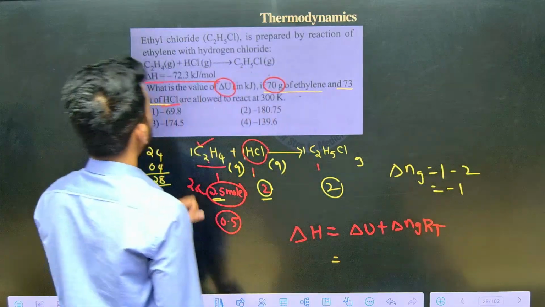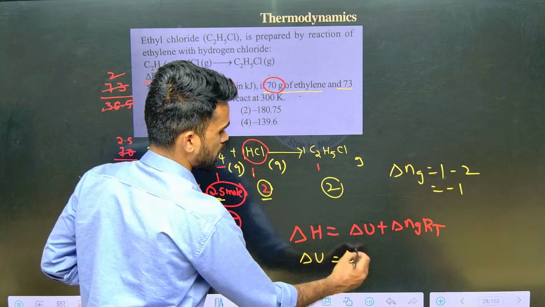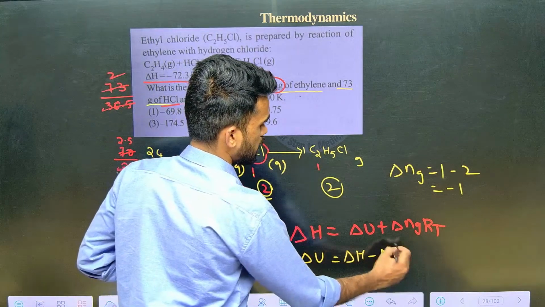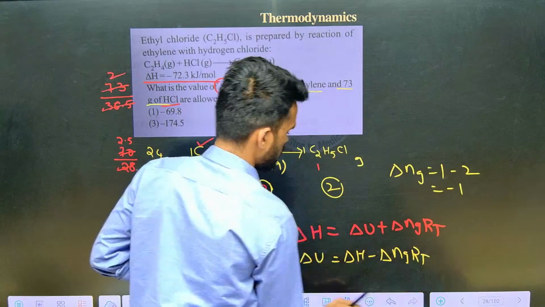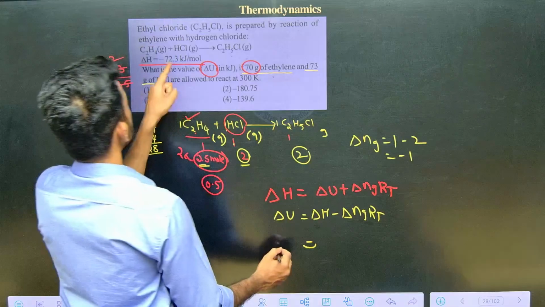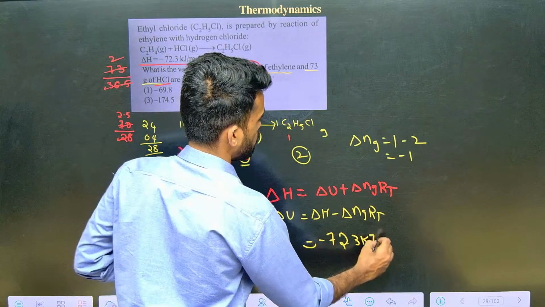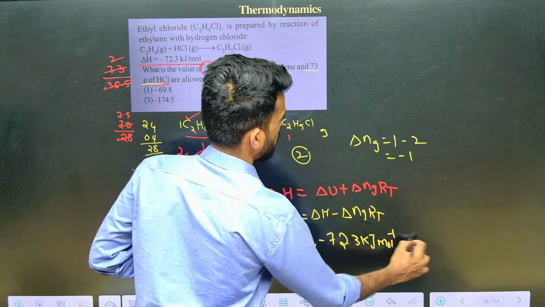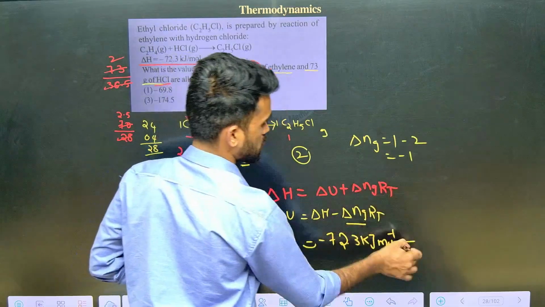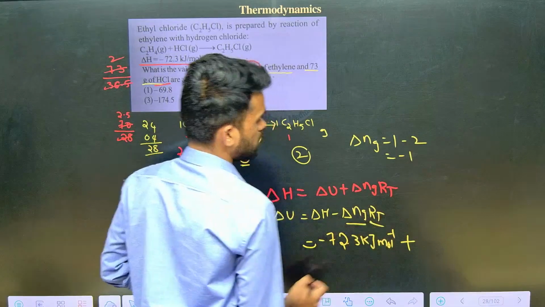They are asking for delta U, so I can write delta U equals delta H minus delta Ng RT. Delta H is given as minus 72.3 kilojoule per mole, and delta Ng is minus 1, so minus of minus becomes plus RT.